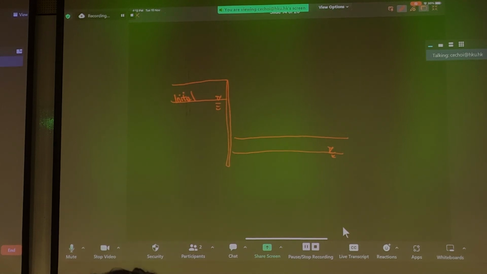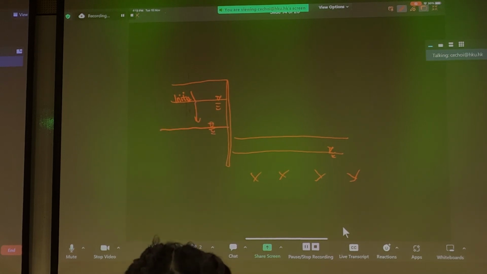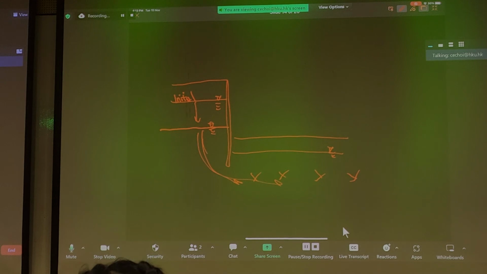In a very idealized case, you can sort of maintain this groundwater table. But what if you turn on a few pumps here, and this starts to get sucked in, then your groundwater table outside the cofferdam decreases.